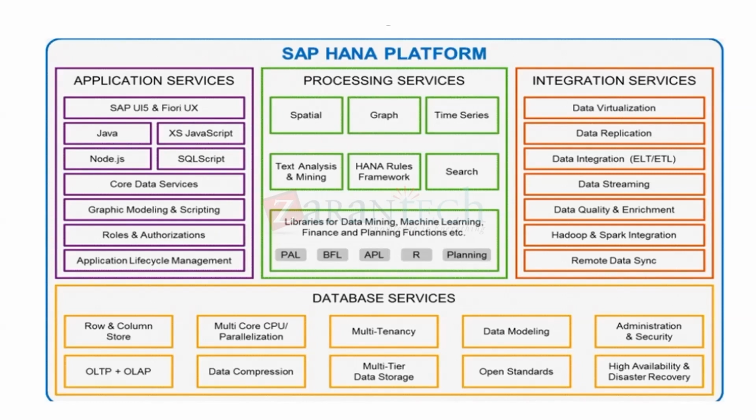SAP gives some, I'm not sure how realistic they are, insane numbers like 50,000 times the performance is improved, 20,000 times. So there are extremely big comparative numbers, which I don't think are true. But again, that is what SAP claims, that it is very fast.